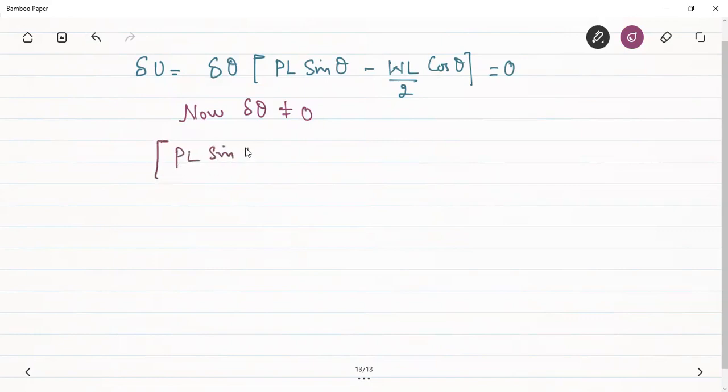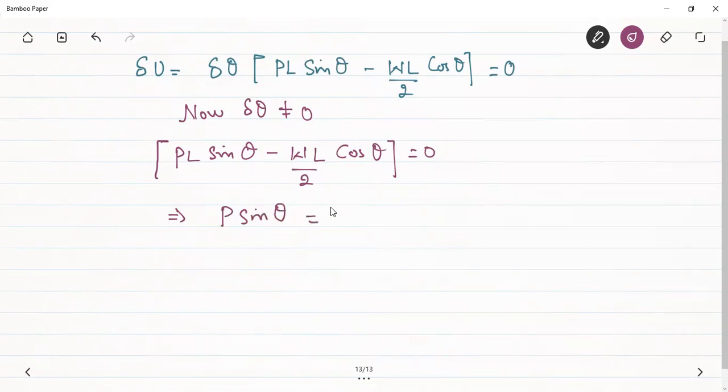Therefore, what will be 0 here is PL sine theta minus WL by 2 cos theta. So from here, L and L will cancel out.